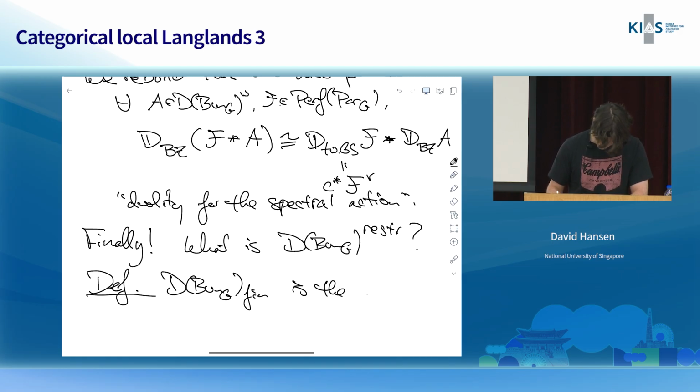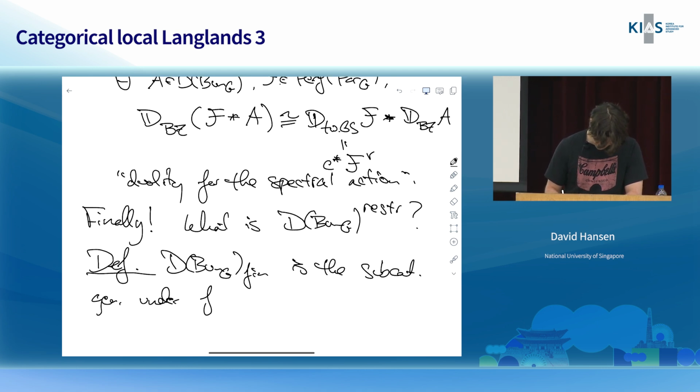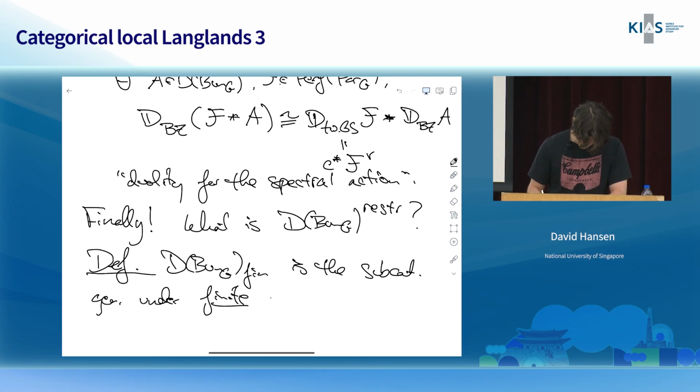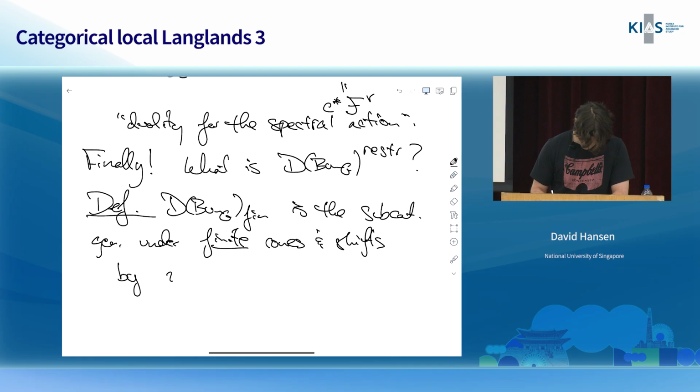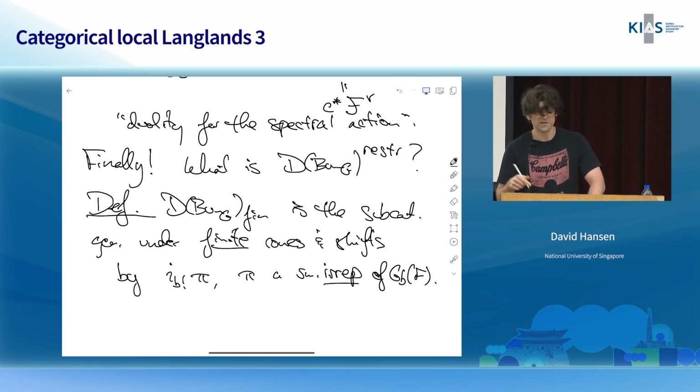So this is the subcategory generated under finite cones and shifts by things of the form i_b lower shriek pi, where pi is a smooth, irreducible representation of G_b(F). So in some human sense, these have finite length in the strongest possible sense, okay? It's gotten from shriek extensions of irreps by finitely many steps, okay? This is a very, very thin subcategory, again, of D of bun G.